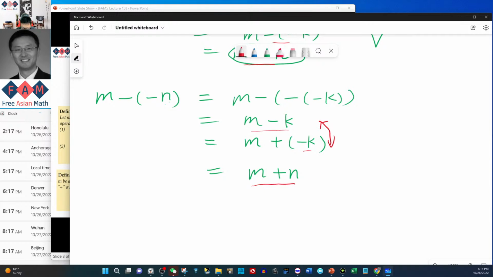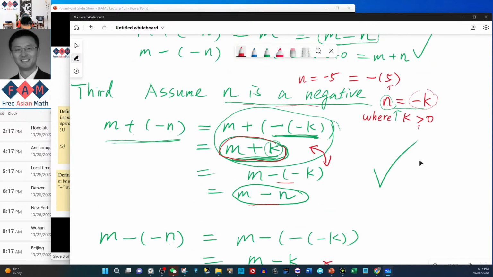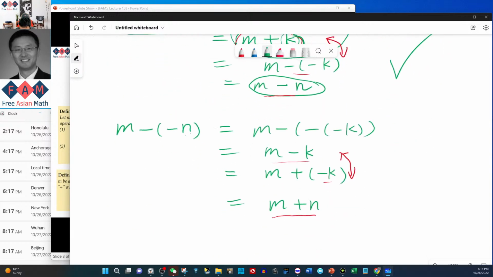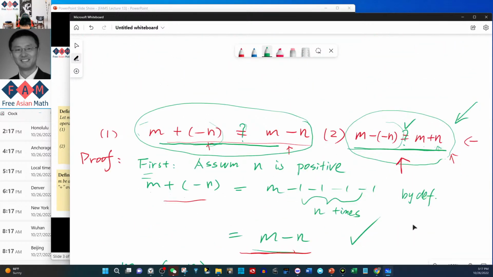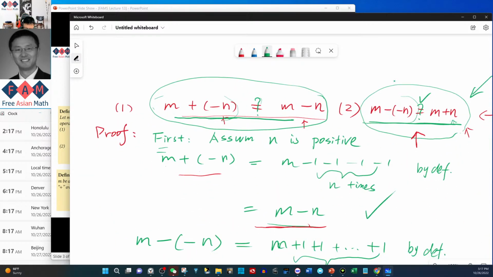So, finally, we proved everything, didn't we? We proved 3 cases. For all the cases, those 2 statements are true. m plus negative n equals m subtracting n. m subtracting the negation of n equals m plus n.